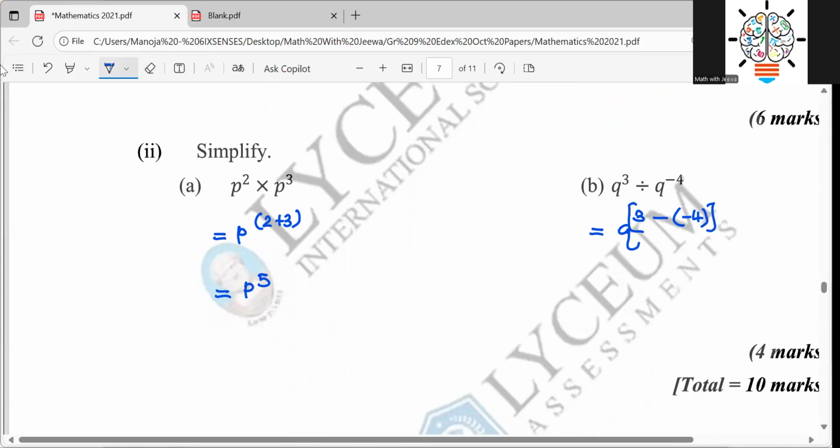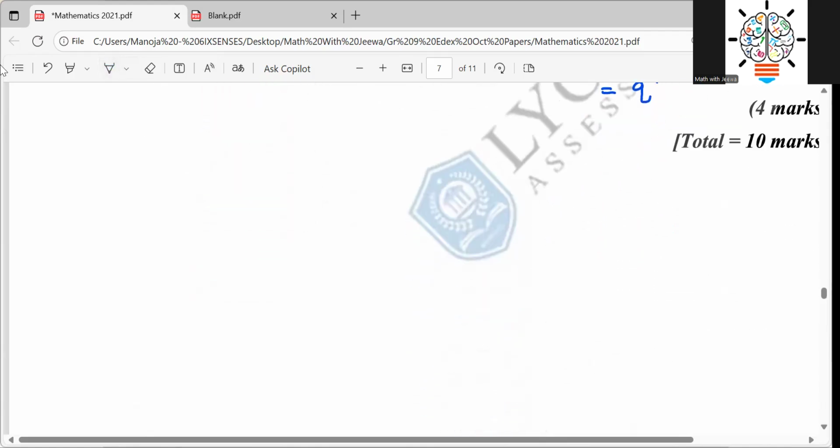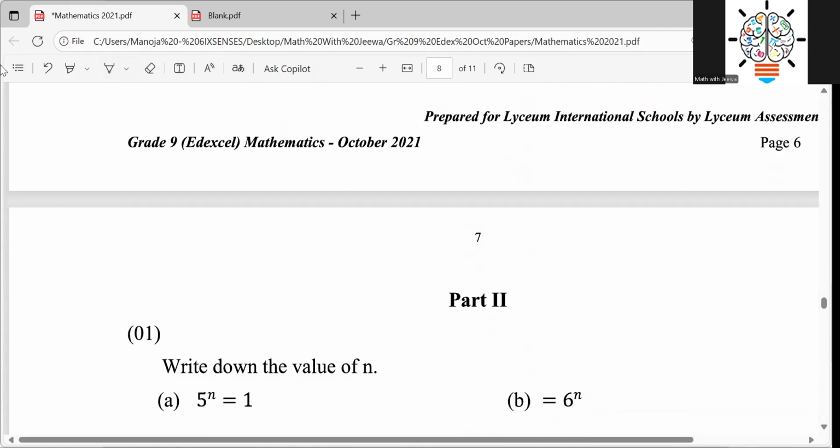Okay, so then we can write q, 3 plus 4. And so then we have q to the power of 7. Right? 3 subtract -4, that becomes +4, and it is 7. That is correct.